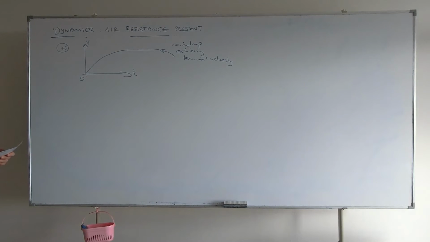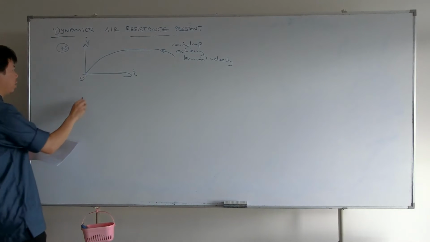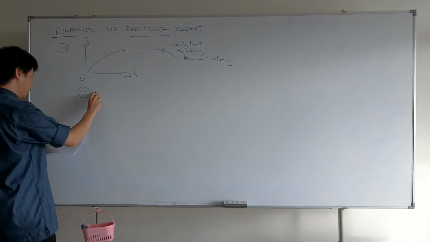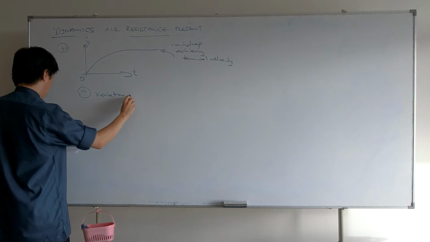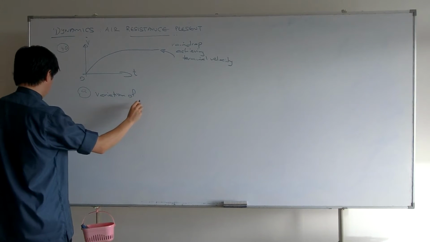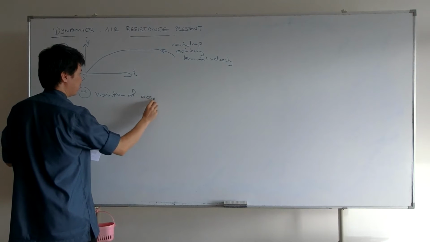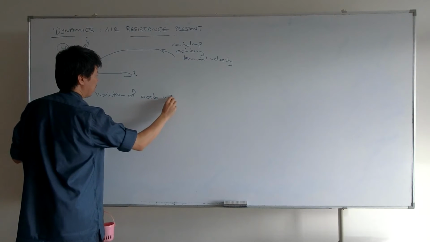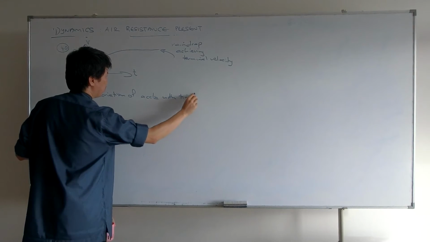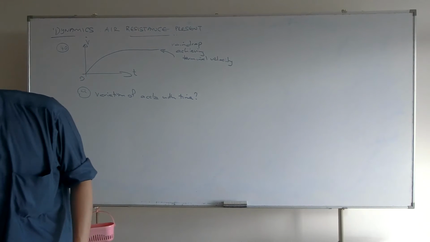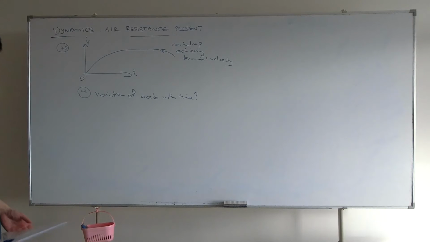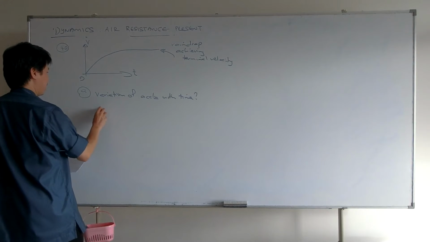State the variation with time of the acceleration of the raindrop. So they want to know the variation of acceleration with time. Okay, so let's take a few questions like this. So what do you need to see? As we mentioned earlier on, you start with the first thing.